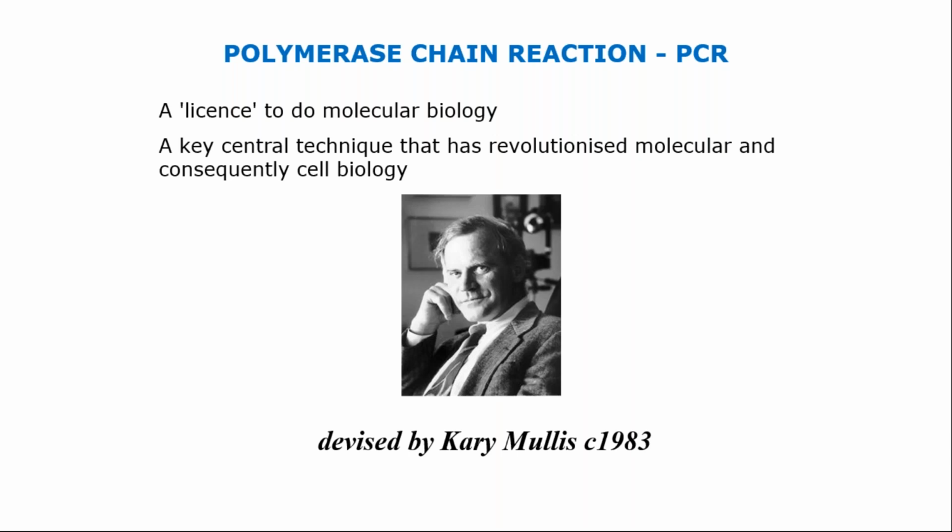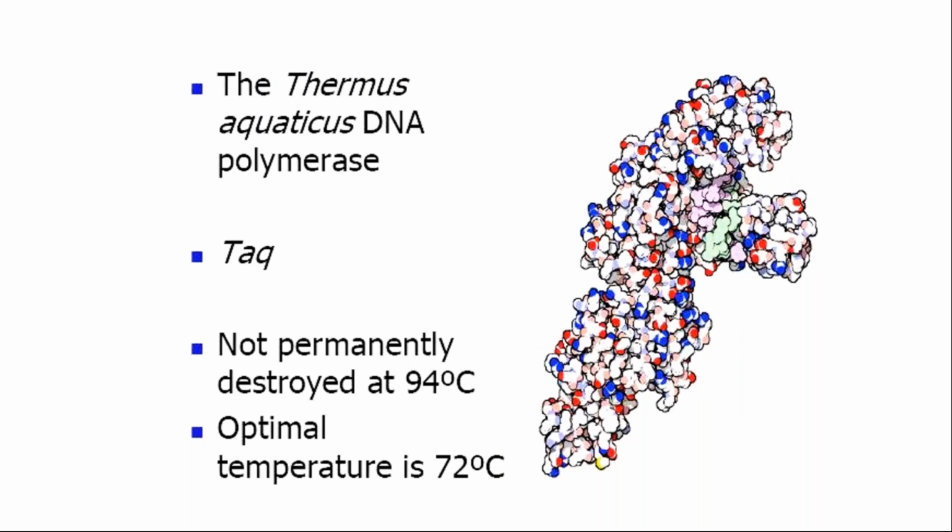The person who has credit for this is Kary Mullis, who discovered the polymerase chain reaction, and it was possible because of the discovery of the enzyme Taq polymerase from Thermus aquaticus, from the hot springs. It is abbreviated T for Thermus and AQ for aquaticus.